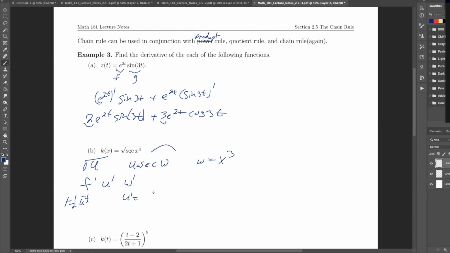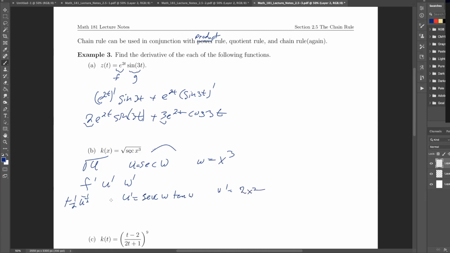So for x anything and trig anything, we just pull out the constant basically. Here, this becomes secant w tangent w. And what's w? x cubed. Well, w prime is equal to 3x squared.